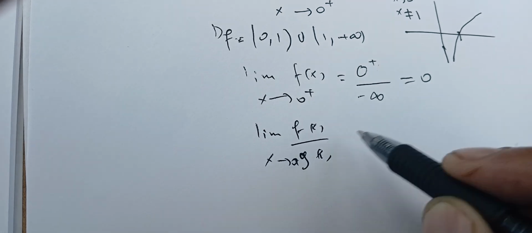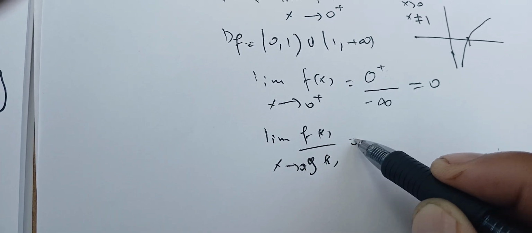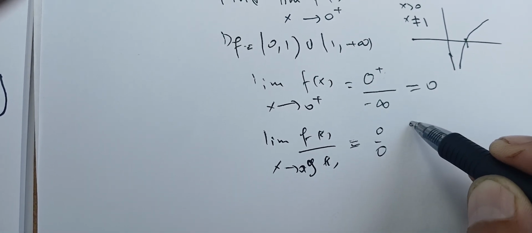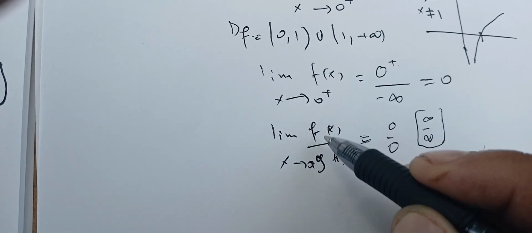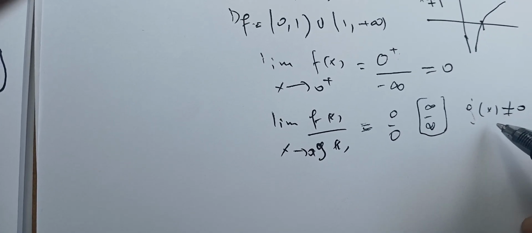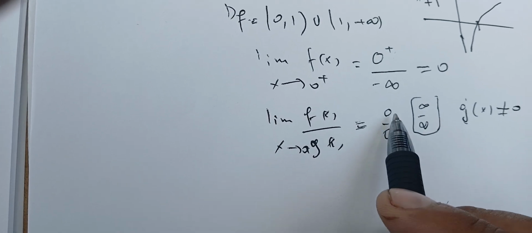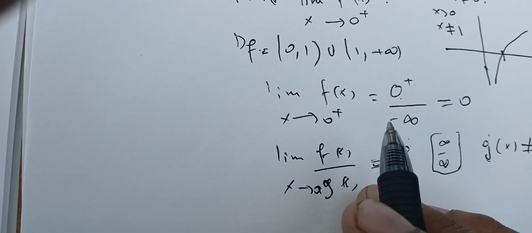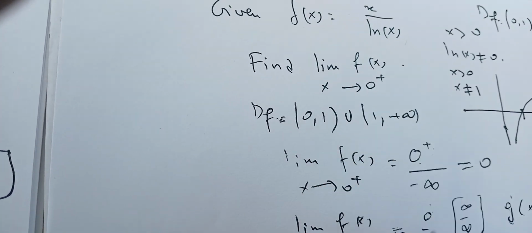We need to have the form 0 over 0 or infinity over infinity, and when we compute the derivatives, we need g prime of x to be different from 0. We don't have this form here, so we can't jump in and use L'Hopital's rule.